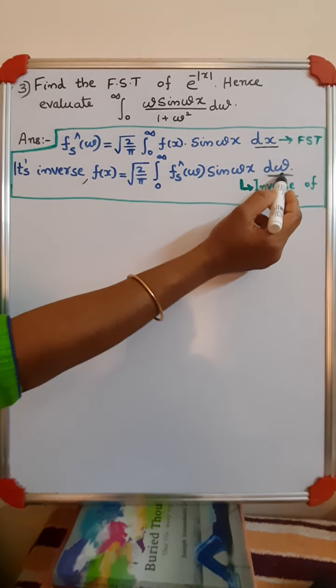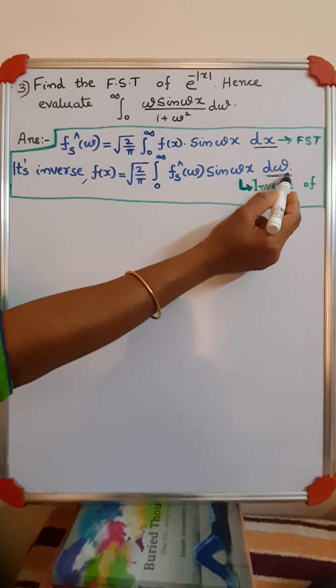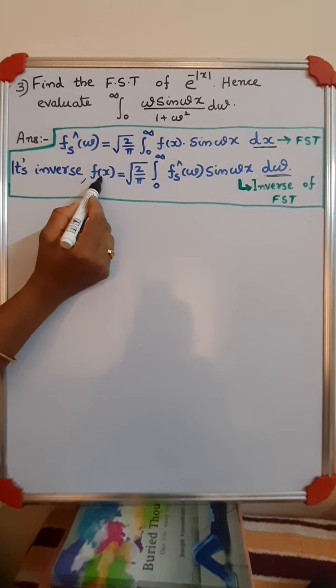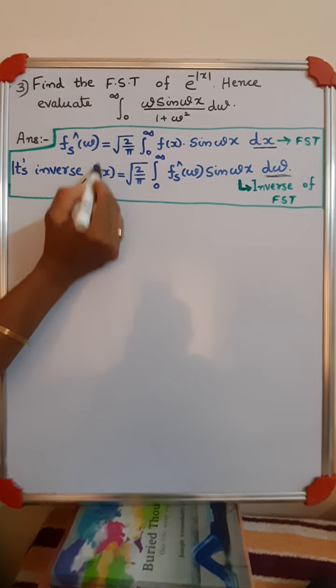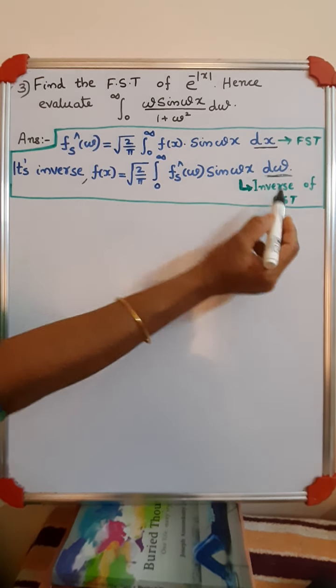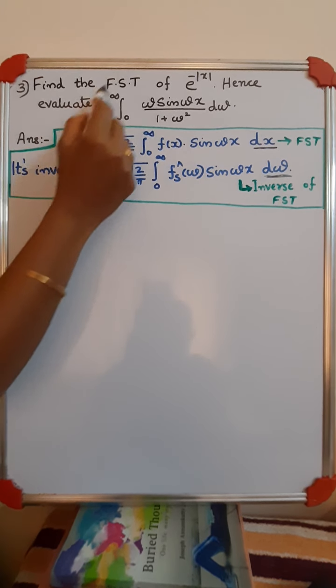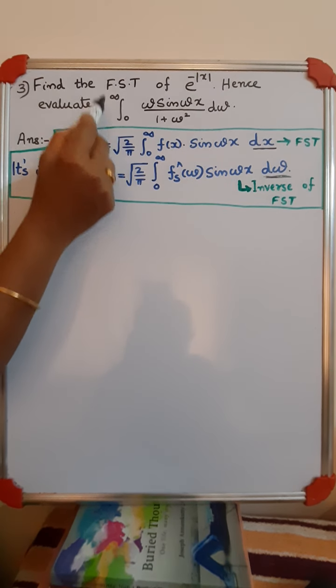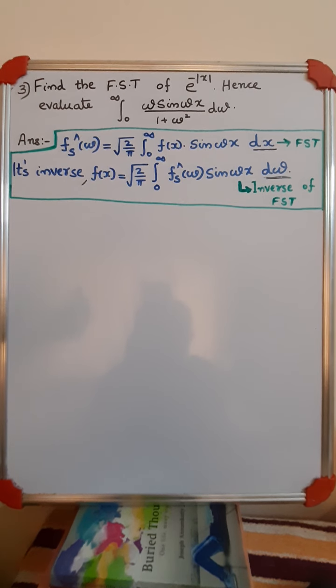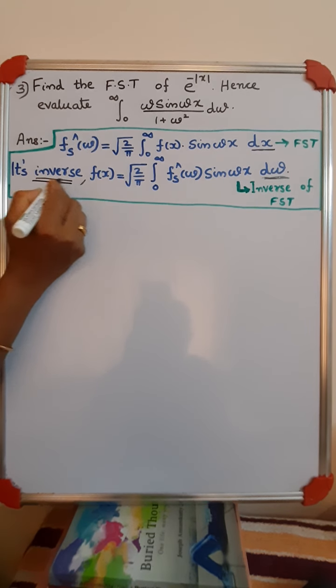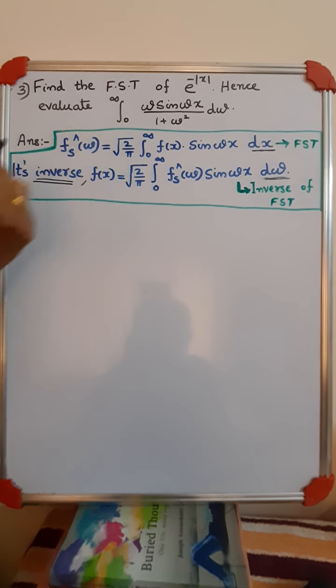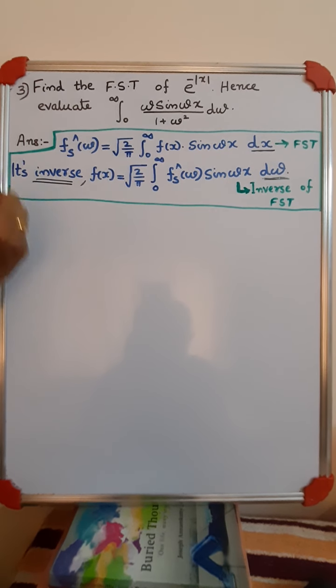In this case, integration variable is omega and final answer is a function of x. So this is the Fourier sine transform and this is the inverse Fourier sine transform. If you are asked to evaluate any integral using Fourier sine or cosine transform, we need the inverse function. Inverse function is used to evaluate the value of the integral.